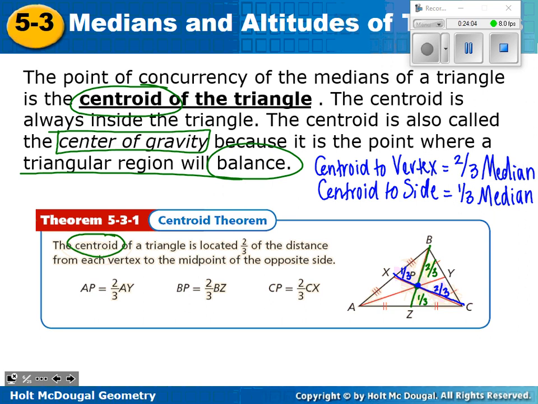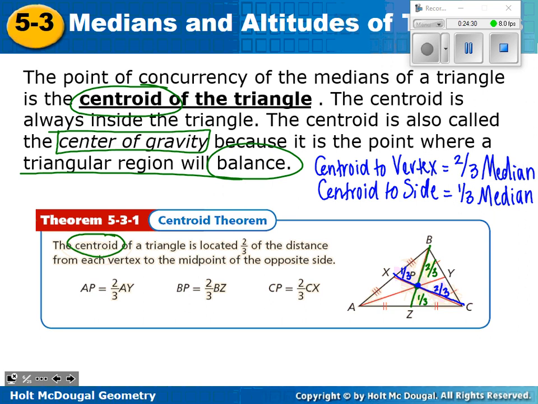So if 1 of the thirds is 5, then 2 of the thirds is 10. Does that make sense as far as just mental math, not having to actually write out numbers and fractions? Okay, so you can take your total distance and divide it into thirds by dividing it by 3. And then 1 of those thirds goes from the centroid to the side, and 2 of the thirds goes from the centroid to the vertex. And that's the centroid theorem.